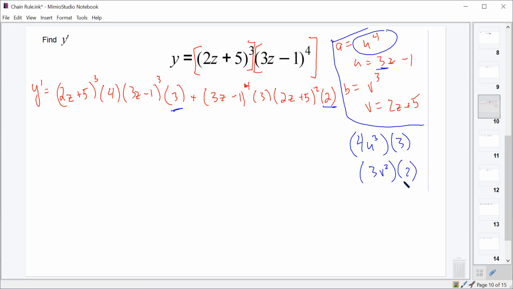Wait, what is 4 the derivative of again? 4u cubed is the derivative of u to the fourth. So that's 4u cubed times 3. And then this is 3v squared times 2. All right.